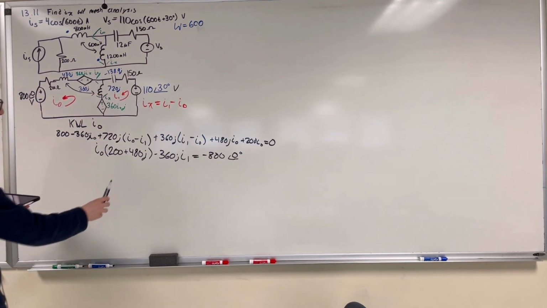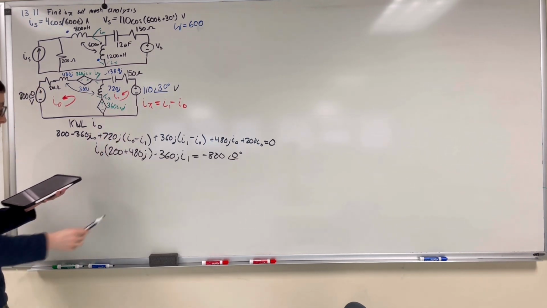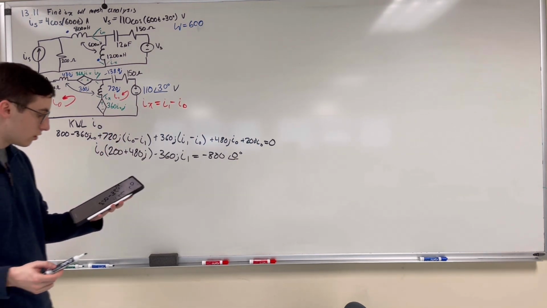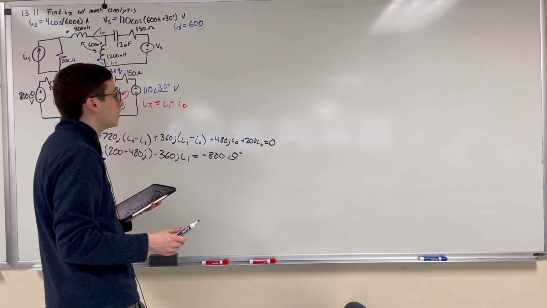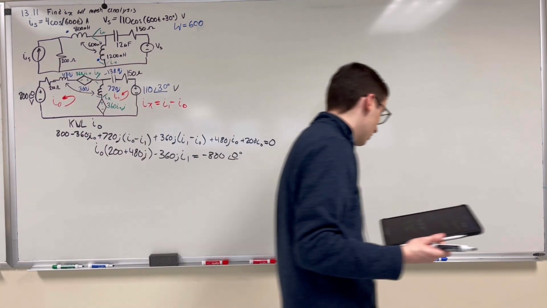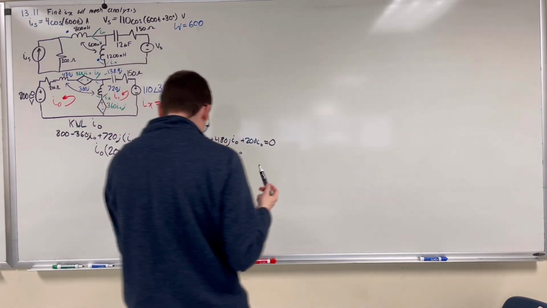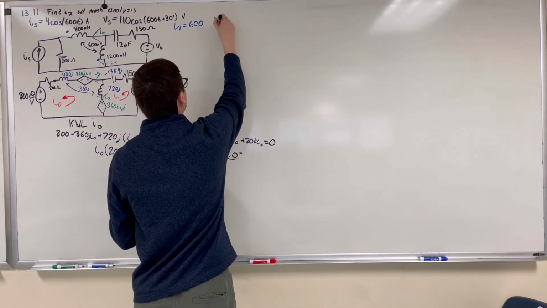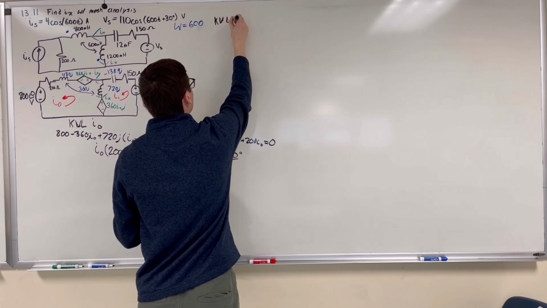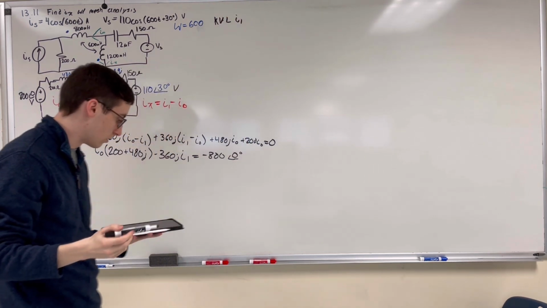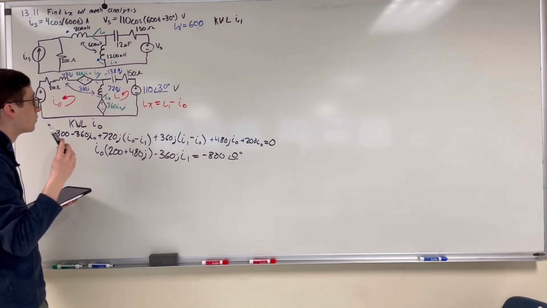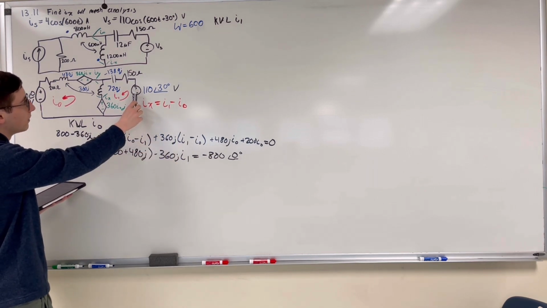So now that we have this equation, we also want to work on our second mesh equation, which is going to be I1. All right, so let me move my chair right here. Okay, KVL I1. I'm going to start at the voltage source once again.